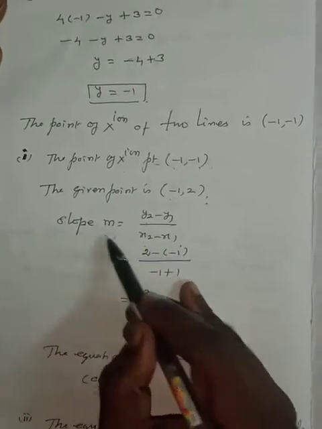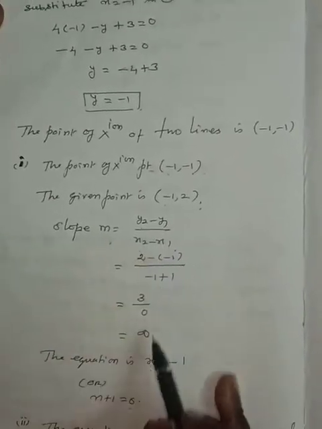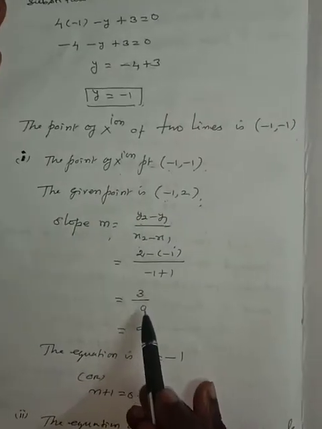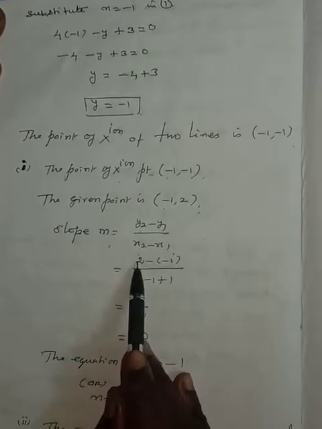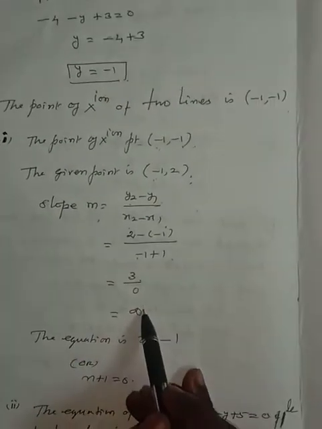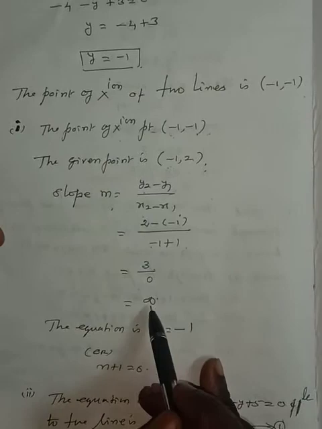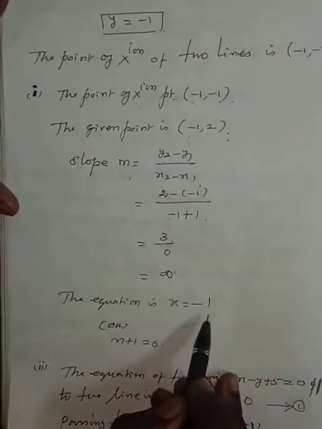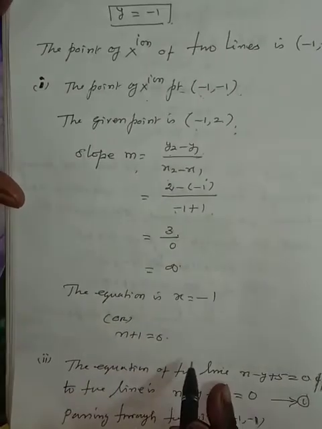Applying the slope formula, we get 2 minus of minus 1 divided by minus 1 plus 1. Now 2 minus of minus 1 is plus 3, divided by minus 1 plus 1 is 0. Anything divided by 0 is infinity. Therefore the equation of the straight line is x is equal to minus 1, or x plus 1 is equal to 0.